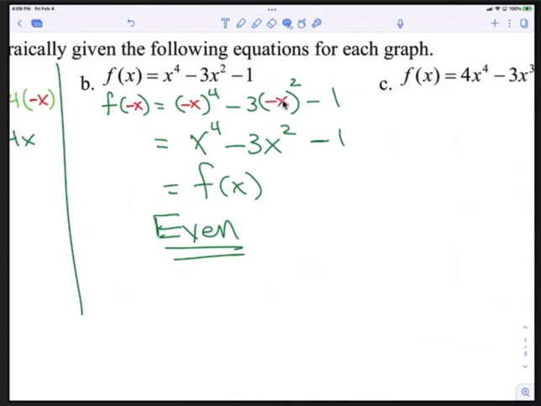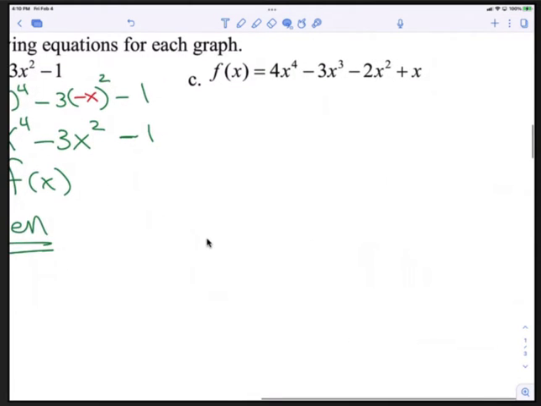Negative x squared is the same thing as positive x squared times negative 3 gives us negative 3x squared. And then we bring down the minus 1. Well, how does this compare to the original function? It is exactly the same. So when f of negative x is the same as f of x, then it is even.